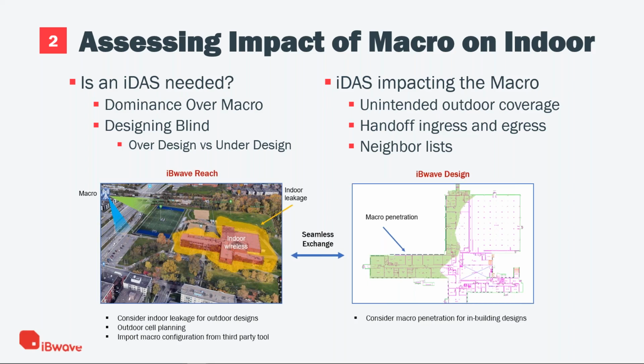And then the dreaded neighbor list. Why is that dreaded? If you are covering outside the building, or you have macro sites serving inside the building, and you have not made accommodations for those neighbors in your neighbor list, then you will have missing neighbors and will drag a call further than you had intended, or decrease the coverage that you would have expected to have simply because the handoffs are not taking place.